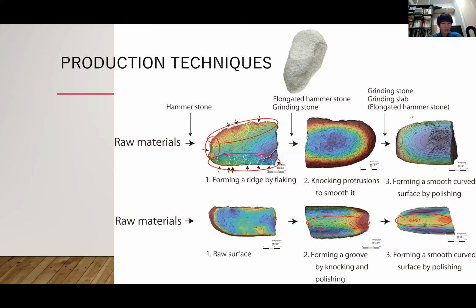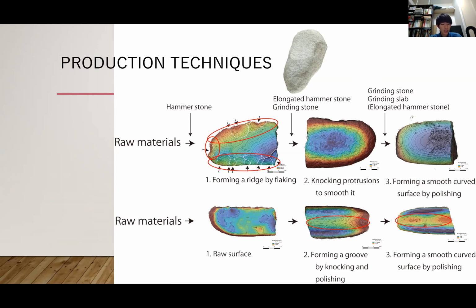Next, the protrusions remaining during flaking are smoothed. This can be seen from the fact that the peaks of the histogram were concentrated in one part in the flaking stage, whereas they were widely distributed in the center of the sides in this stage.